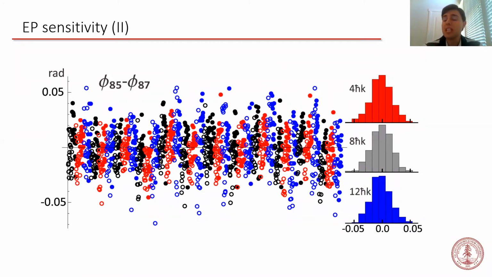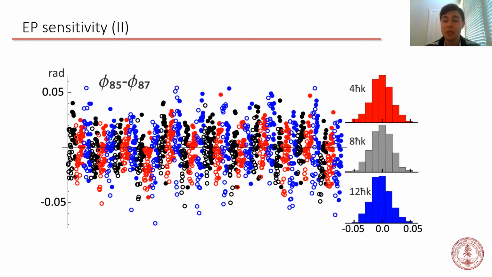Since the signal of an EP violation scales linearly with the effective beam splitter wave vector, we look for a linear dependence of the differential phase on the LMT order, 4, 8, or 12. This approach allows us to reject any systematic effects that give rise to a non-scaling differential phase offset.